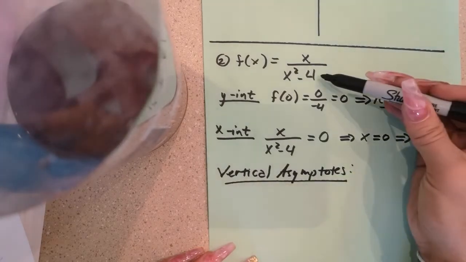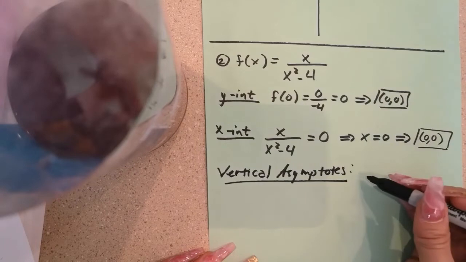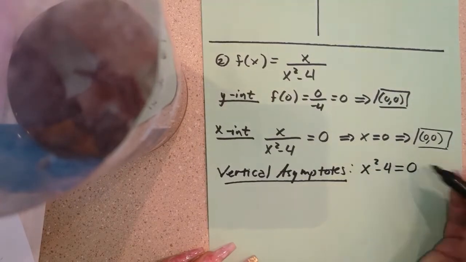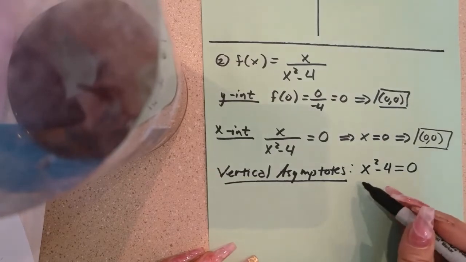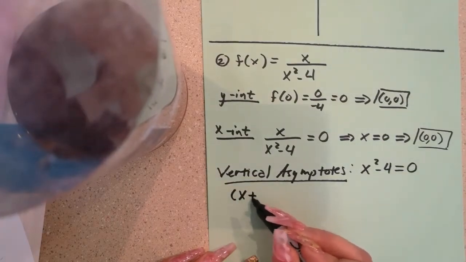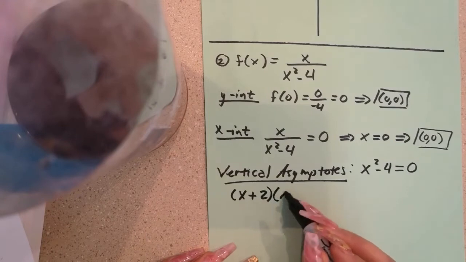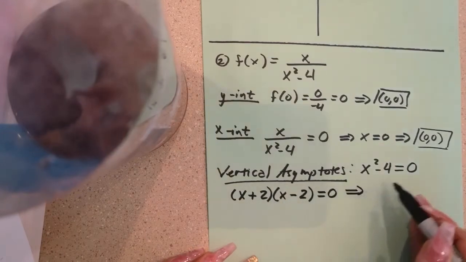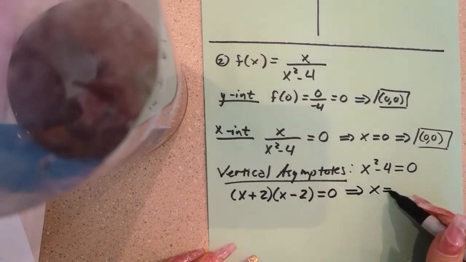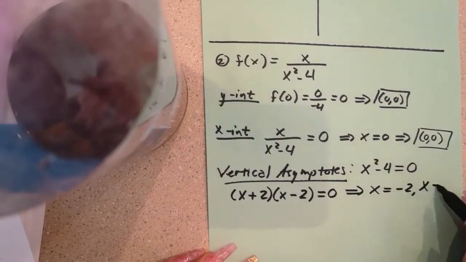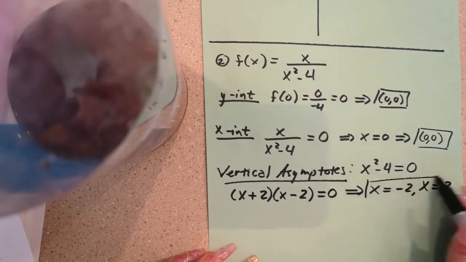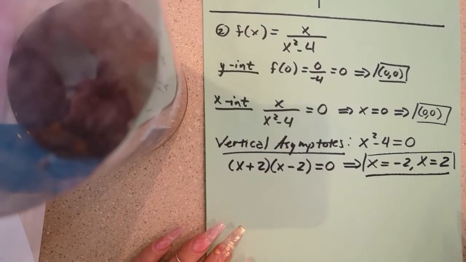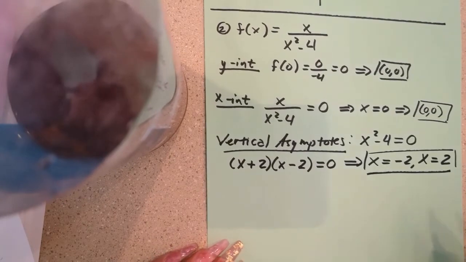Those arise where the function is undefined, in other words, where the denominator is 0. Here I have a difference of squares, a special form, which factors as x plus 2, x minus 2. Therefore, my vertical asymptotes would be at x equals negative 2 and x equals positive 2.